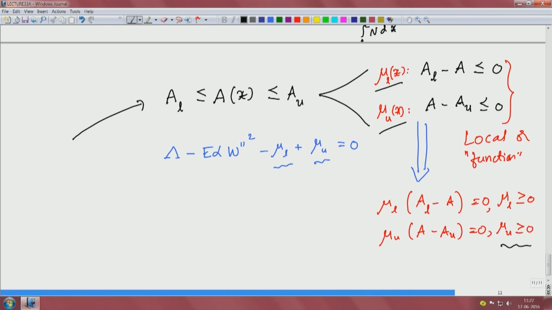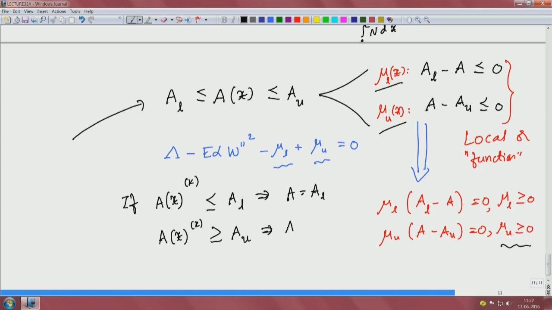In that case, area of cross section is already known, because if A of x at the kth iteration, numerically you are doing, is less than or equal to A_L, then you simply say A equal to A_L for that value of x. Similarly, if A of x at the kth iteration is greater than A_U, you basically make A at that point A_U.